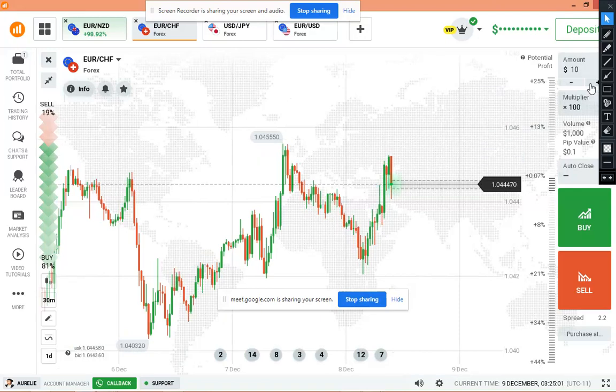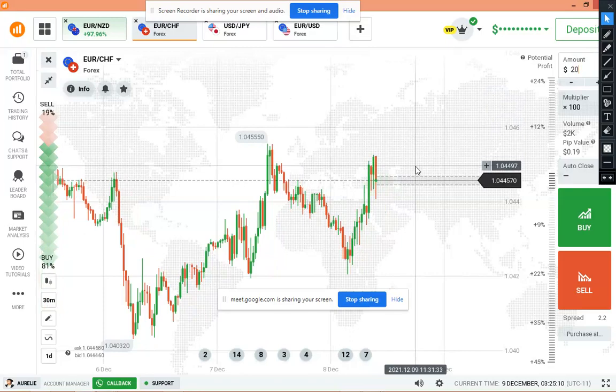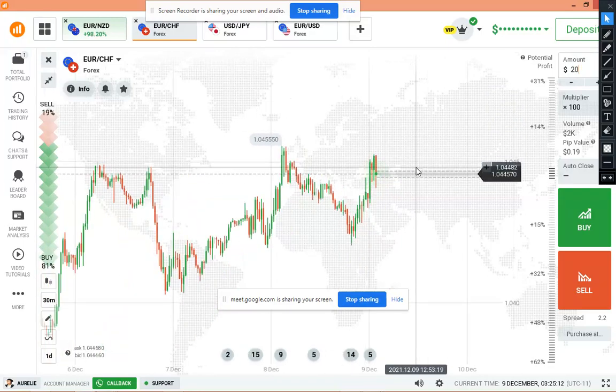So maybe I will use $10 for this trade, or let me make it $20. I want to invest $20 on this trade.